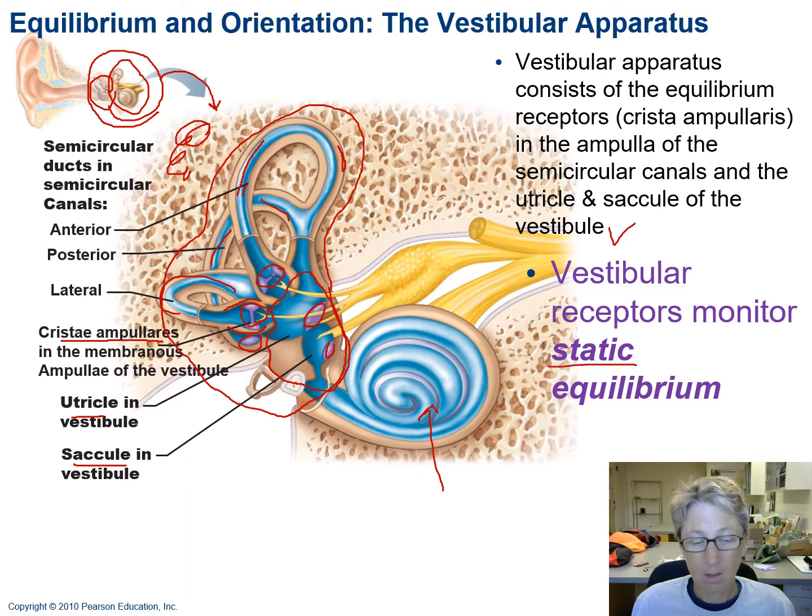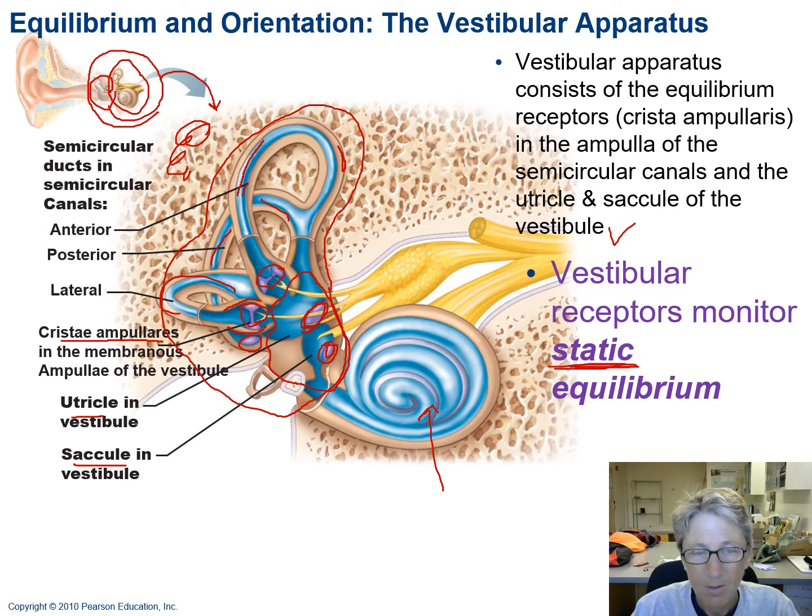Static just means kind of staying the same, and equilibrium kind of means balance. So these vestibular receptors, the utricle in the vestibule and the saccule in the vestibule, monitor static equilibrium.